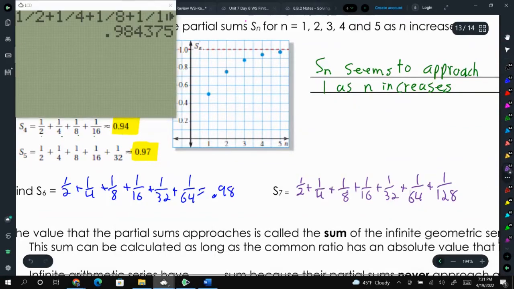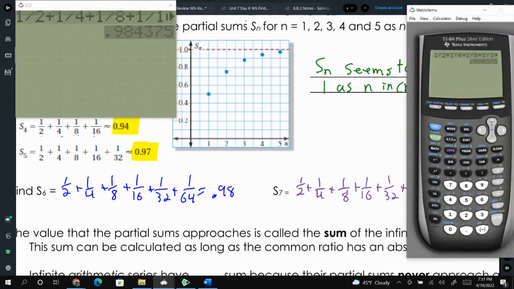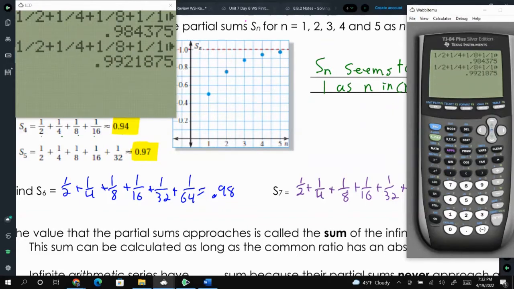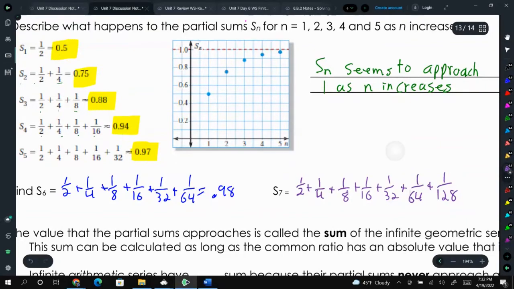So in my calculator, I'm just going to go up and grab this, and I can do 1 over 128. So we get 0.99. Again, closer and closer to 1, but it's never going to actually equal 1. The sum is going to get closer and closer to 1, but never equal 1.